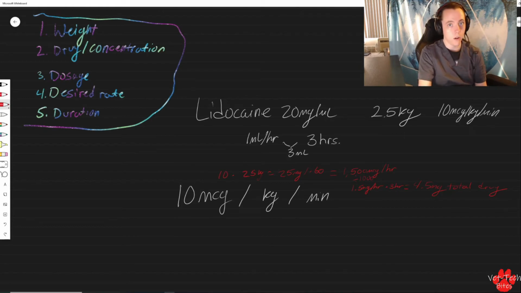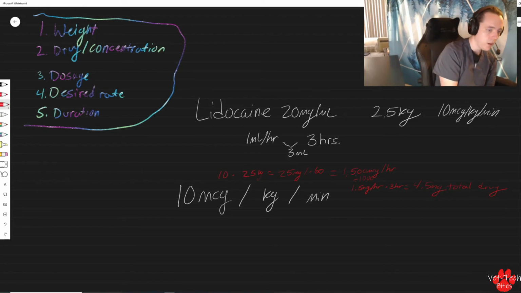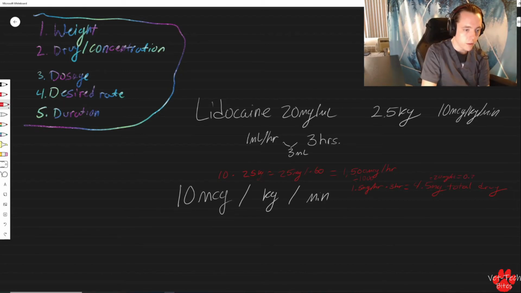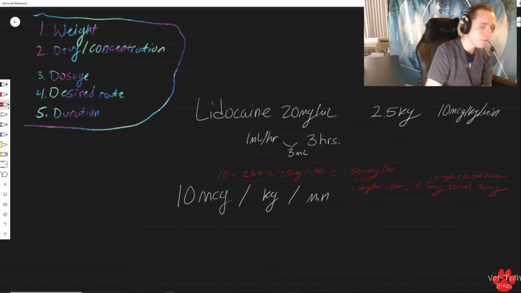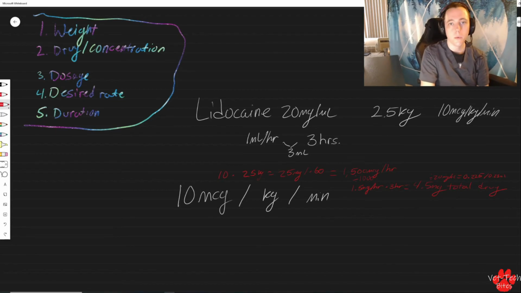And since we know that there is 20 milligrams per mL, 4.5 divided by 20 is 0.225, or 0.23 mLs. So now we have our total mLs of drug that we're going to need for the CRI.